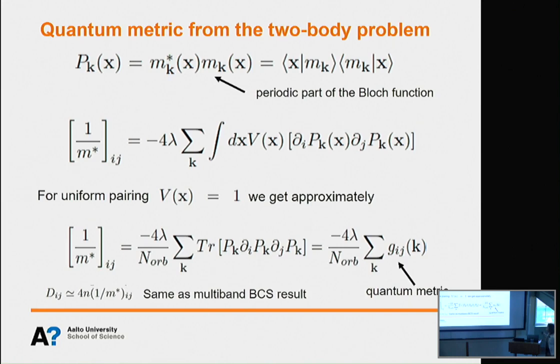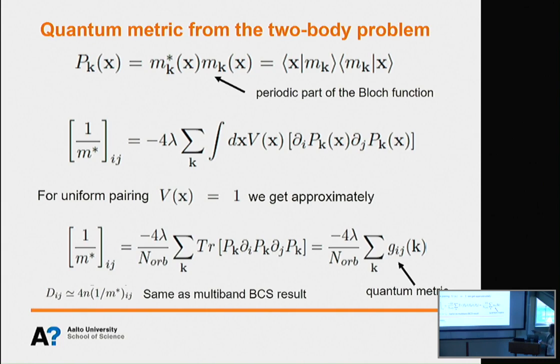So what part of what you said, in terms of pairing and pair propagation, requires multiple bands, or what would also happen in a single band? Everything requires multiple bands. If I have just a trivial single-band system like the single-band Hubbard model, I would not see this at all.